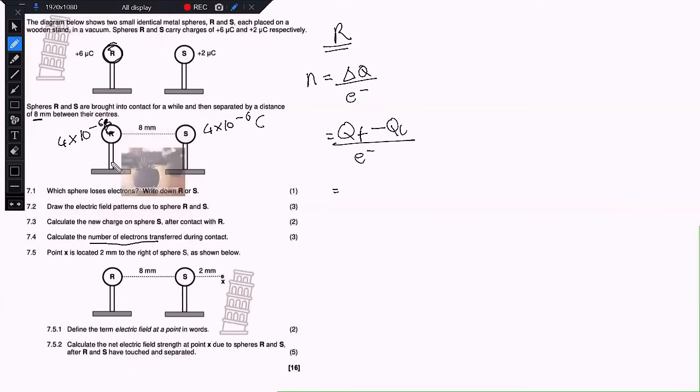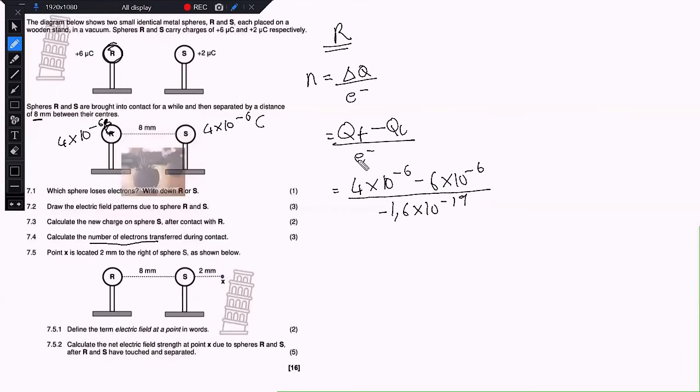Now what is the Q finally? This is the new charge, which is 4 times 10 to the exponent of negative 6 minus the old charge Qi, which was 6 times 10 to the exponent of negative 6, over, now the e there would have to be negative 1.6 times 10 to the exponent of negative 19.